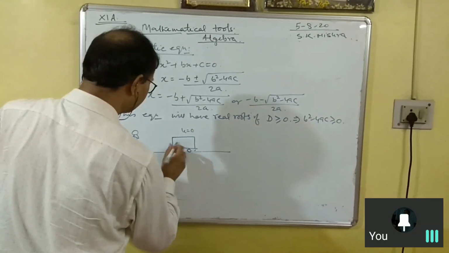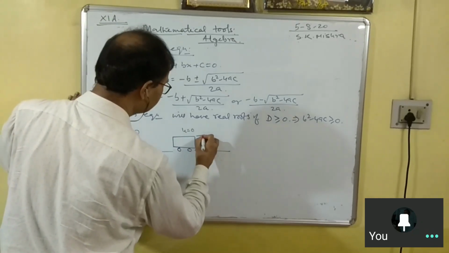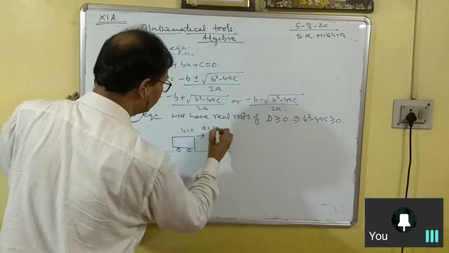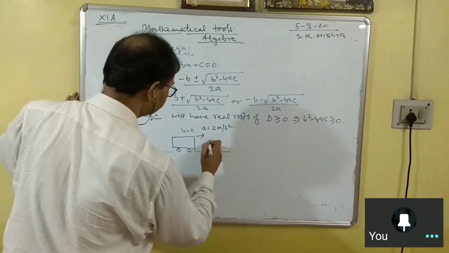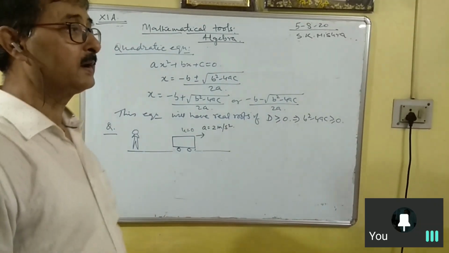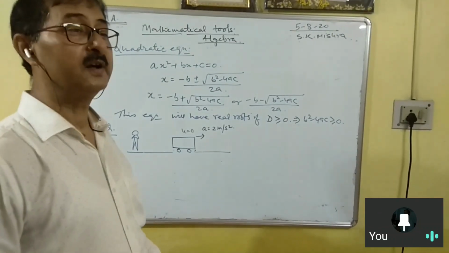The bus starts with some acceleration. Suppose the bus starts moving with a constant acceleration of 2 meter per second square towards the right, in this direction. Remember, the bus starts from rest.